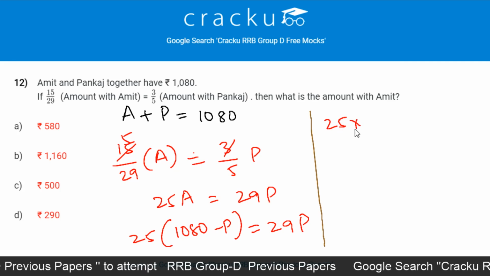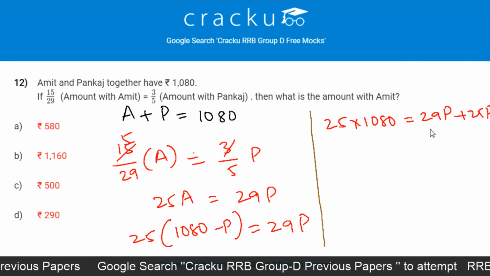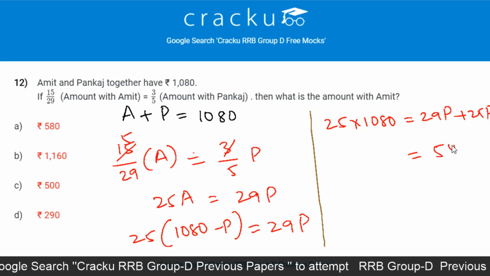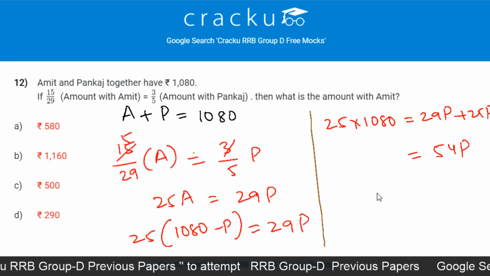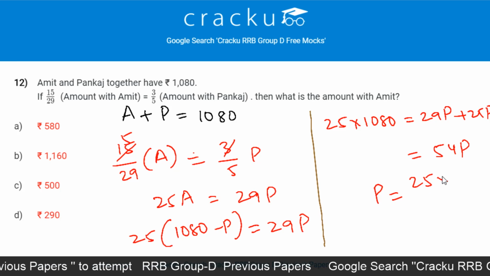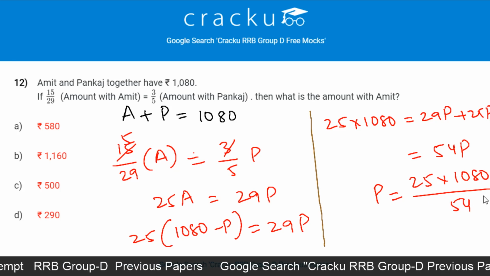So 25 into 1080 is equal to 29P plus 25P, which is equal to 54P. That means P is equal to 25 into 1080 by 54.